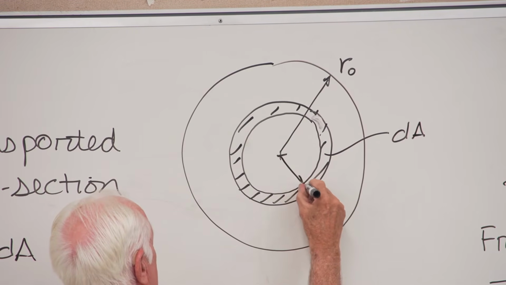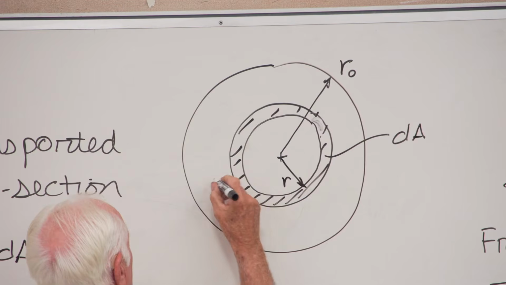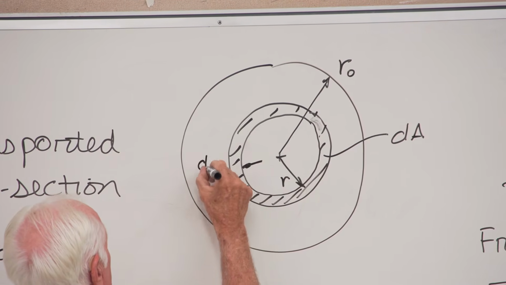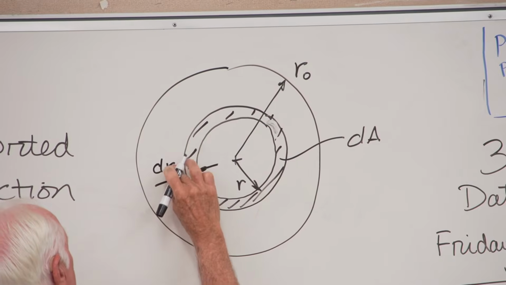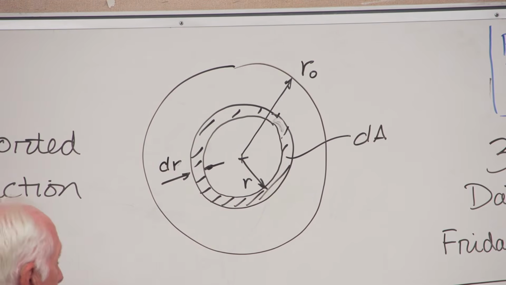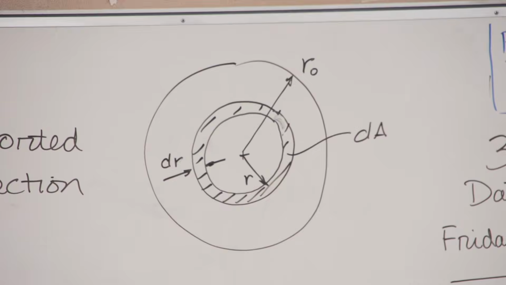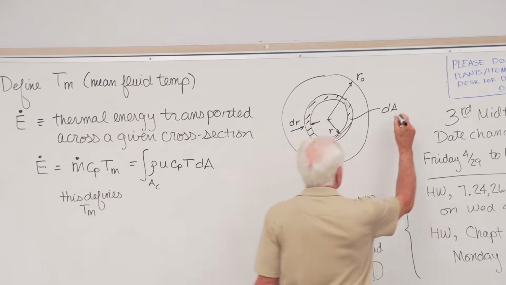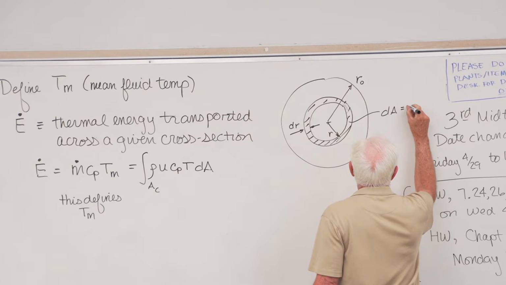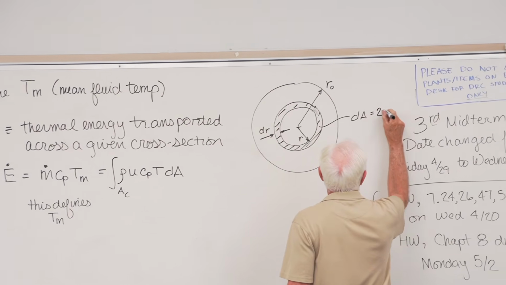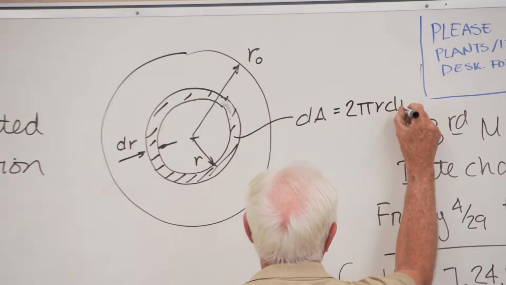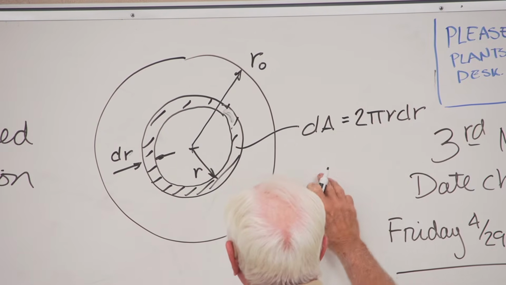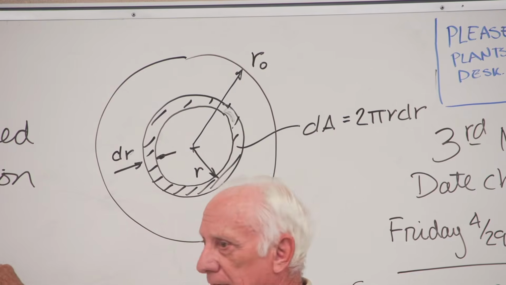What's the radius to the center? R. What's the thickness of the strip? dr. What's the area? The circumference times dr. So dA, circumference, 2 pi r, dr. Circumference pi times d, 2 pi r, dr. That goes in here.